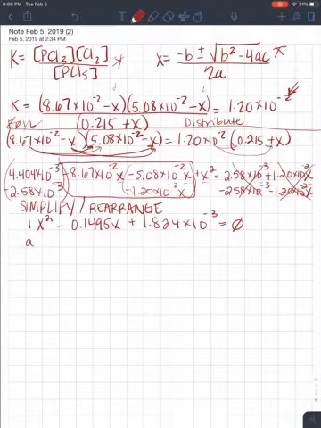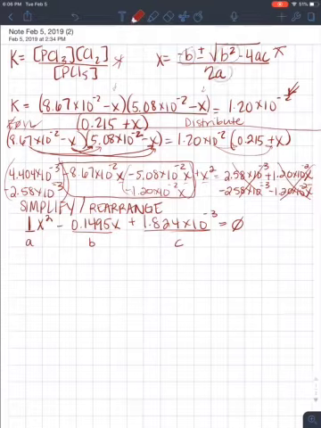Now I have A, because it is understood that there's a 1 right there. I have B, and I have C. Now I have everything that I need to be able to plug into my quadratic equation.